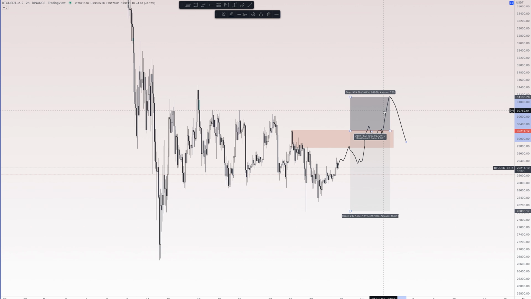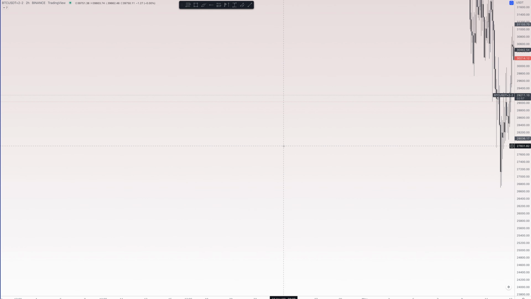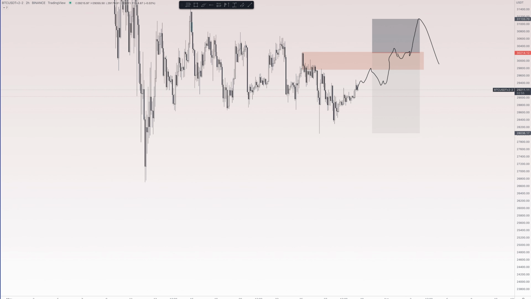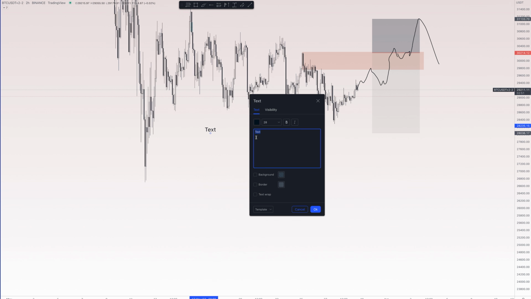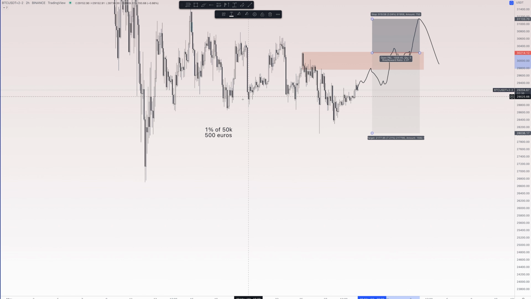For 3.04%, which is equal to the 500 euros. So what are we doing then? Let's take a look. 500 was our risk, so 1% of 50k is 500 euros. Our stop loss is 3.04%.